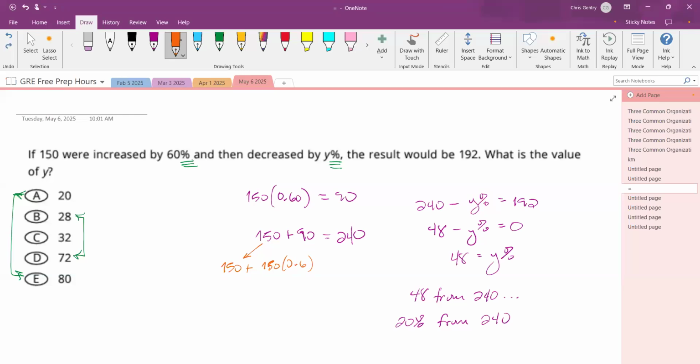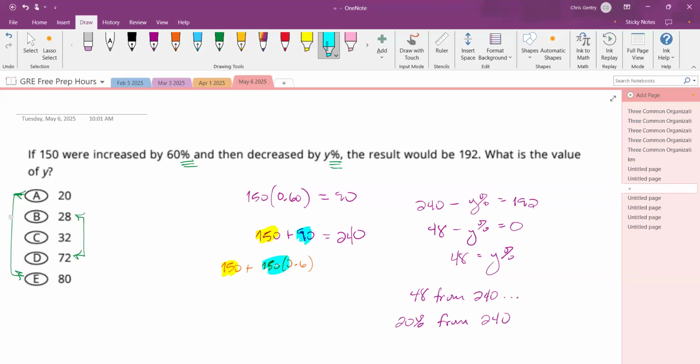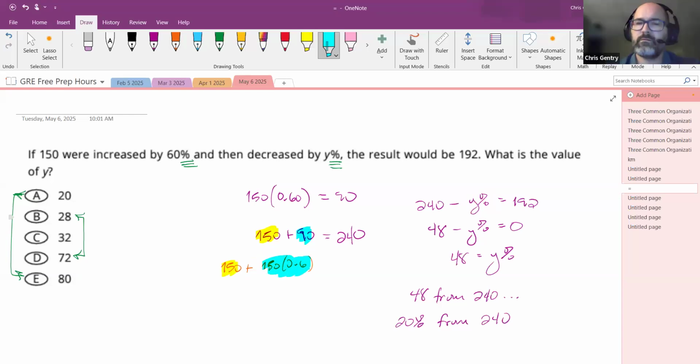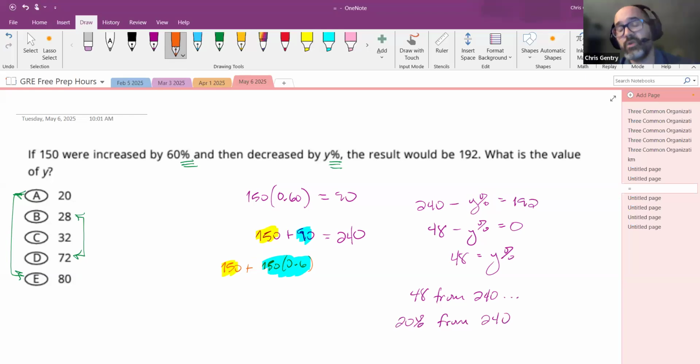Like here, the 150 is the 150, and the 90 is the 150 times 0.6. Yeah, I understand what you're doing, but for me, I wouldn't. I'm not saying that you necessarily should. I just want to illustrate that what you're doing is taking in two steps this idea of a 150 and then itself plus 0.6 of itself.